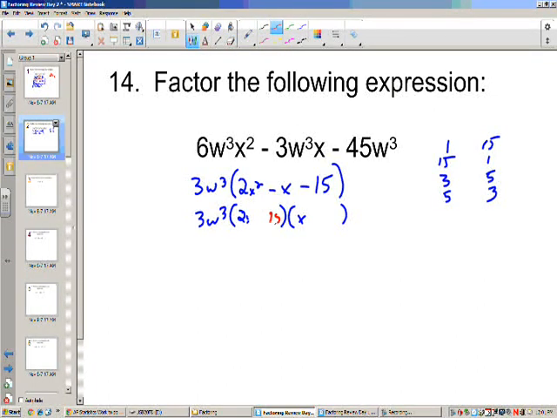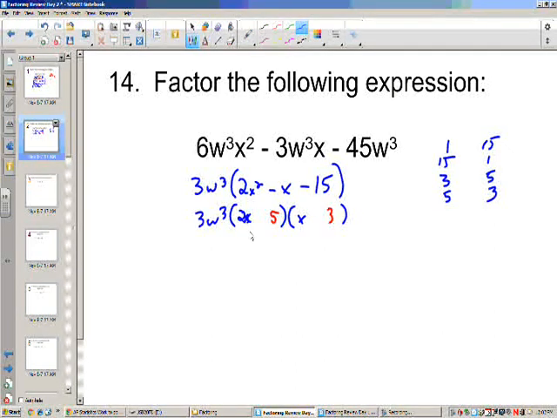So now if I do 15 and 1, that'll be 2x plus 15x, or minus 15x, and that won't get us down to x, so we'll get rid of that. Now let's do a 3 and 5. This would be 10 and 3. That won't get me down to x. What if we do the last one, which is 5 and 3?